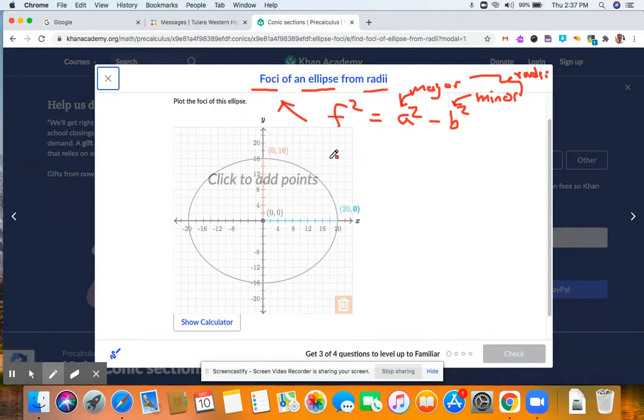So the focus, when we calculate this, is the distance from the center. So the distance from the center is your F. F, or the focus, or foci, is the distance from the center.